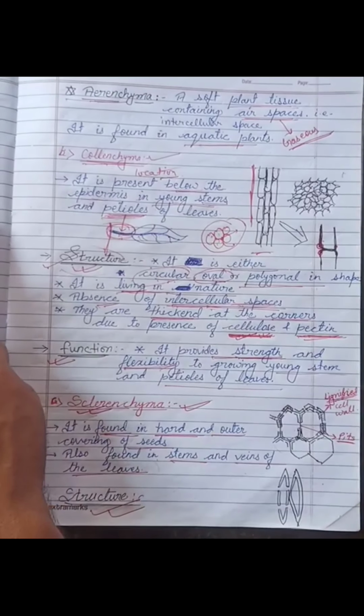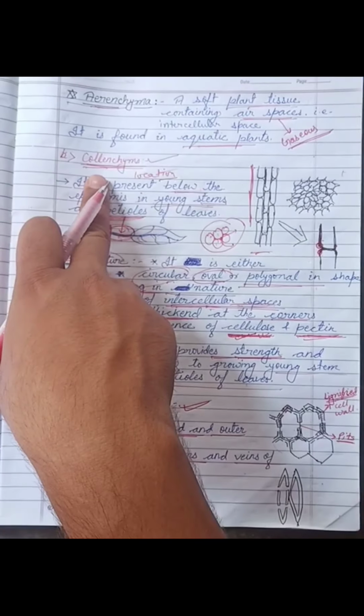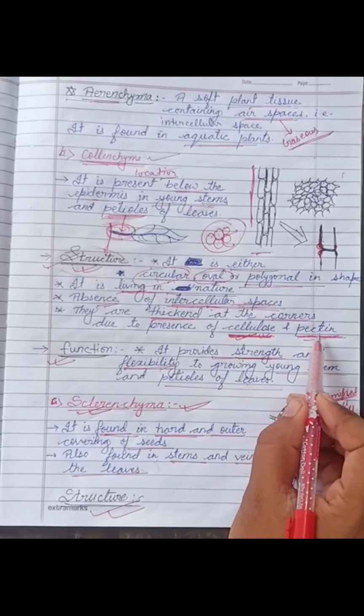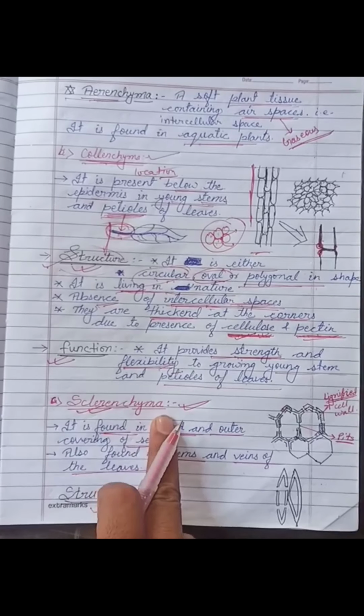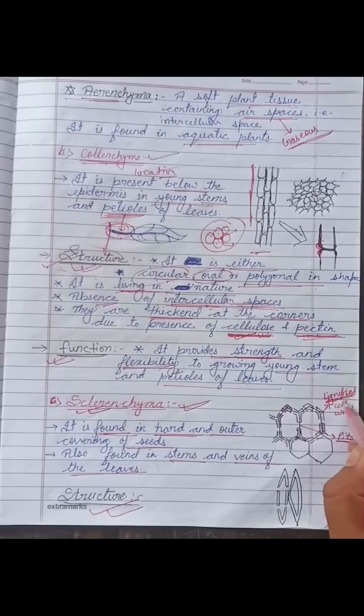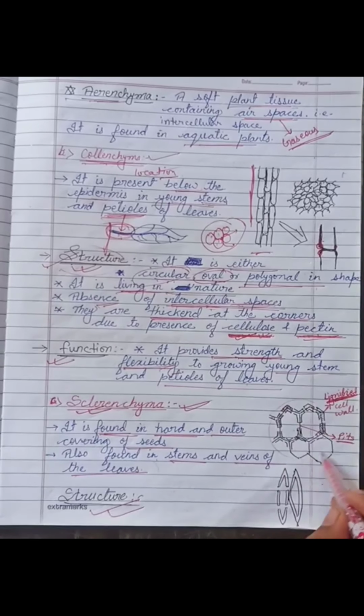The cell wall of parenchyma was made up of cellulose. The cell wall of collenchyma was made up of cellulose and pectin, whereas the cell wall of sclerenchyma is made up of lignin. Just because of lignin, the cell of sclerenchyma behaves as hard.